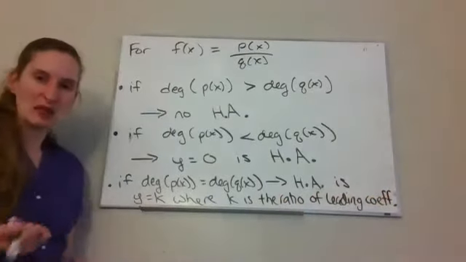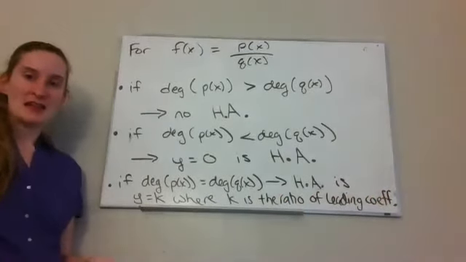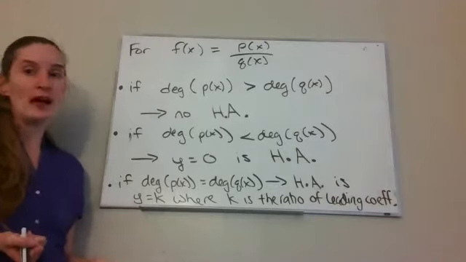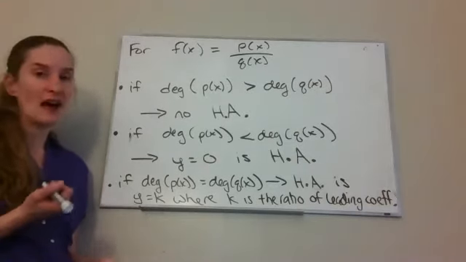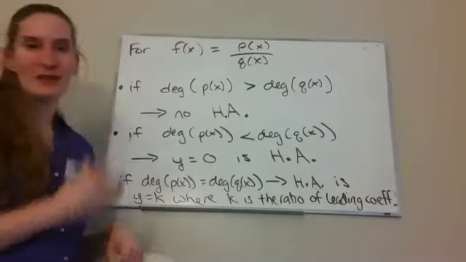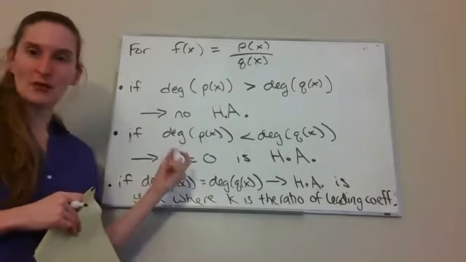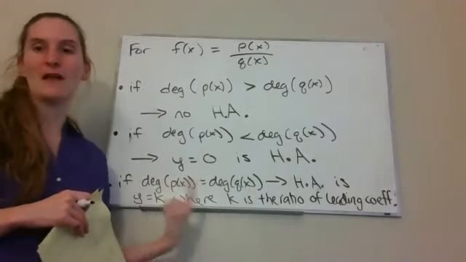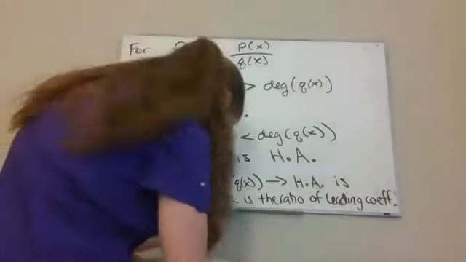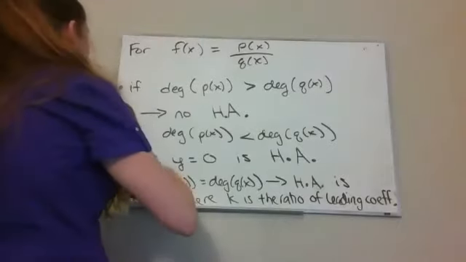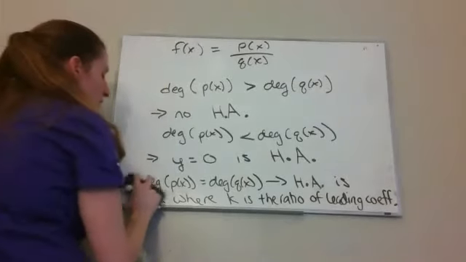Now that sounds way more complicated than it is. That just means look at the number multiplied in front of the term with the highest power, and just write them as a fraction. The number in front of the highest power in the top over the number in front of the highest power on the bottom. Let's do some examples of all of these situations to make it a little more clear.